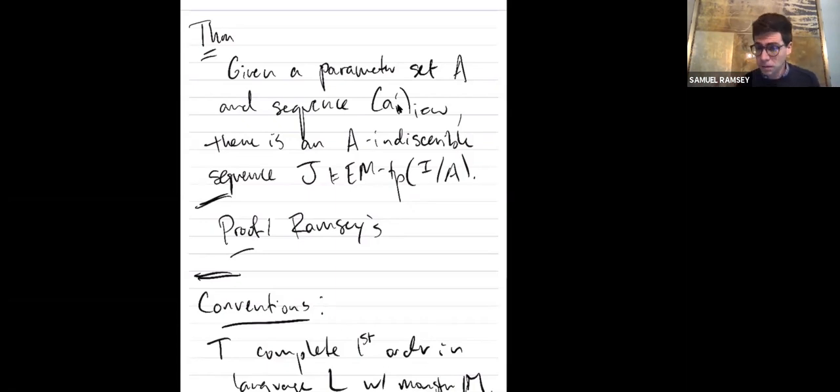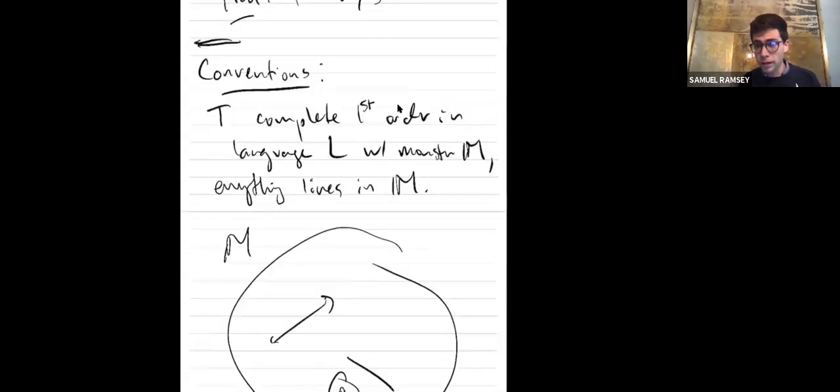And by Ramsey's theorem, you can find a homogeneous subset. And that is exactly the same thing as something which is indiscernible with respect to that finite set of formulas. But because it's a subsequence of the sequence you started with, it of course still realizes the EM type. And that's exactly what you need to run the compactness argument. By compactness, you know that this whole thing is consistent, and that gives you the sequence you want. So that's one way of arguing this.